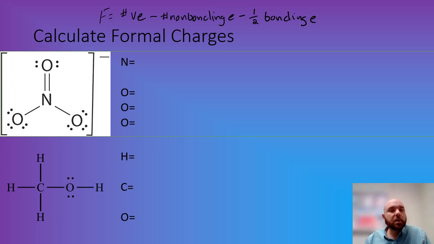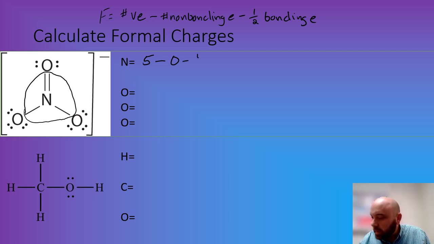So for nitrogen, a neutral atom of nitrogen normally has 5 valence electrons. In this case, all of the electrons around our nitrogen are bonding electrons, so we're not going to subtract any of the non-bonding. There are no non-bonding electrons to subtract. Then we subtract 1/2 of the number of bonding electrons on that nitrogen.